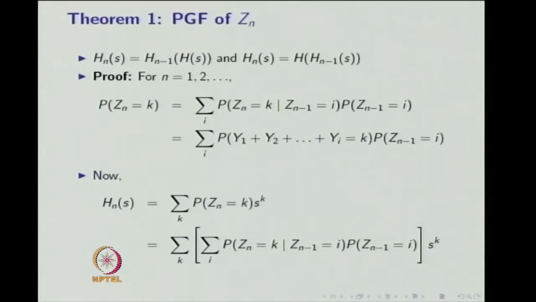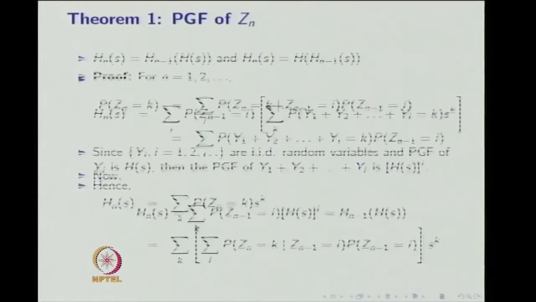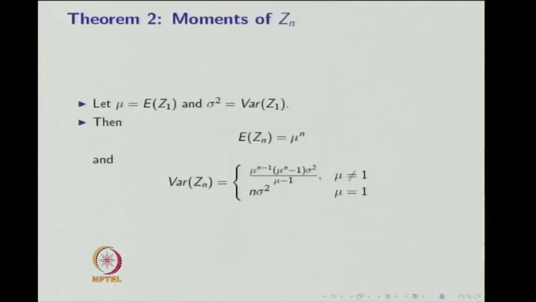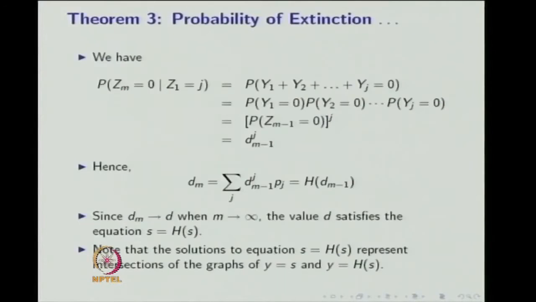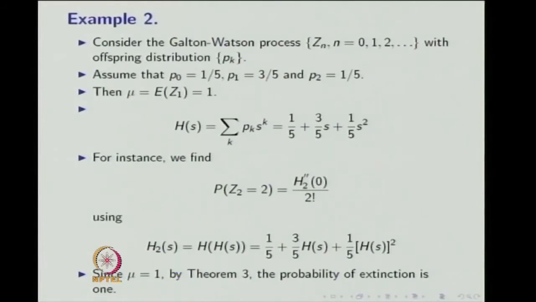So here we put n is equal to 2, find the probability generating function of Z_2. Using the probability generating function of Z_2, we are finding the probability of Z_2 is equal to 2. So probability of Z_2 is equal to 2 will be H_2 double dash of 0 divided by 2 factorial.